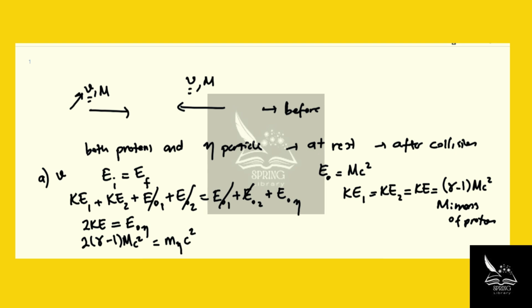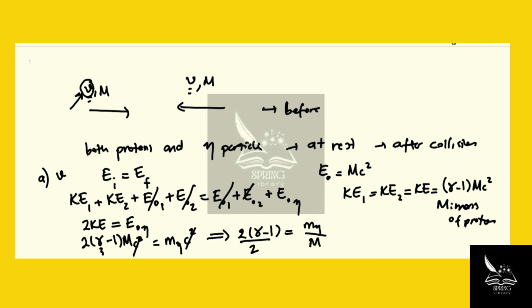We're going to solve this equation for gamma factor because it has the information regarding the speed in it. Now, c squareds are going to cancel each other out. Twice gamma factor minus 1 is going to be equal to m of the new particle divided by the mass of a proton.